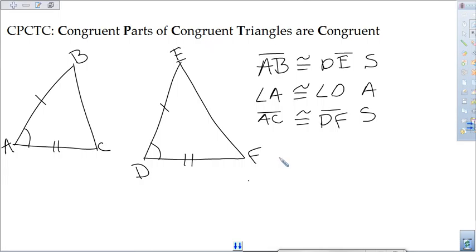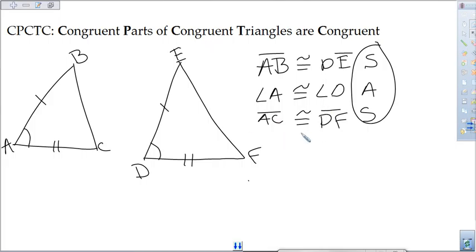And previously, this is where we stopped. We said our triangles are congruent, and we're going to stop right there. But we're going to take this a step further. Since I have my triangles congruent, do you remember the definition for congruent triangles? Okay.